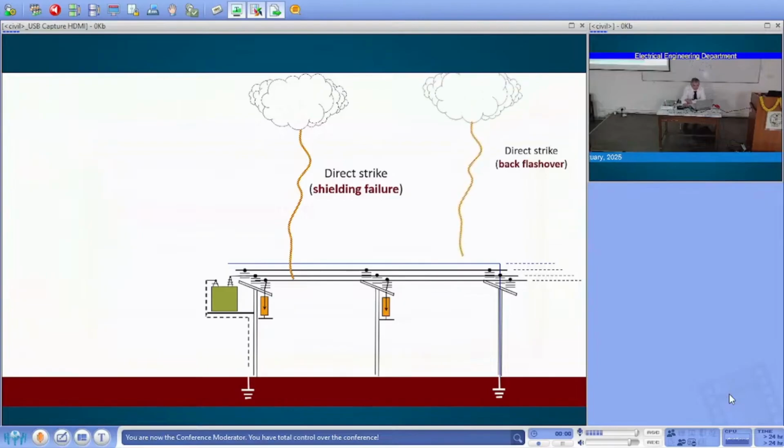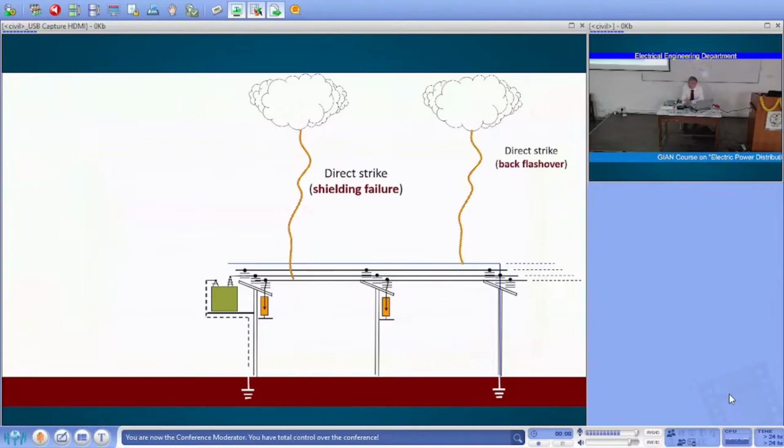And then there is another event in which there is a direct strike, but the direct strike to the shield wire. In general, we can say, okay, there is a strike to the shield wire, so there are no problems. It is not true for all the cases, because in some cases the current is so high.